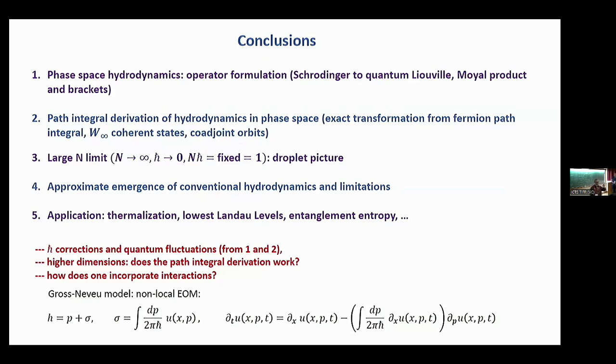Wherever divergences appear, you have to replace that by the Fermi level effectively. So that's what is actually embedded in the path integral formulation over U.